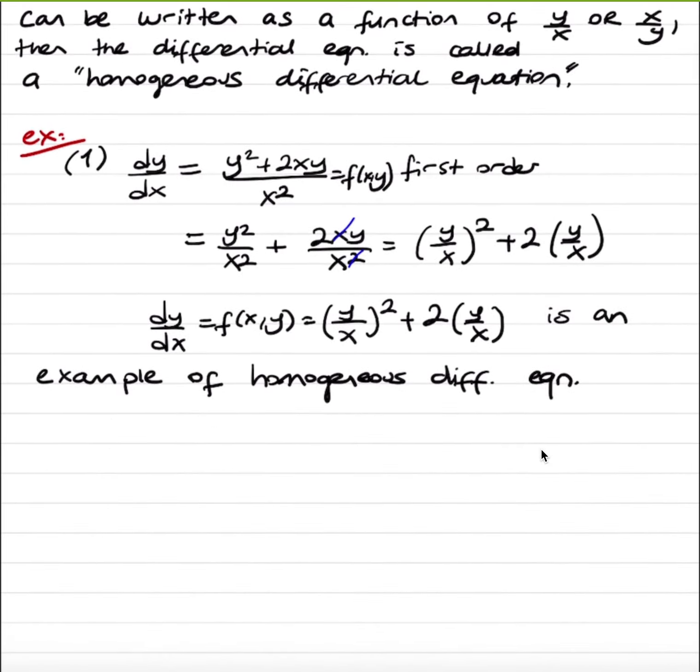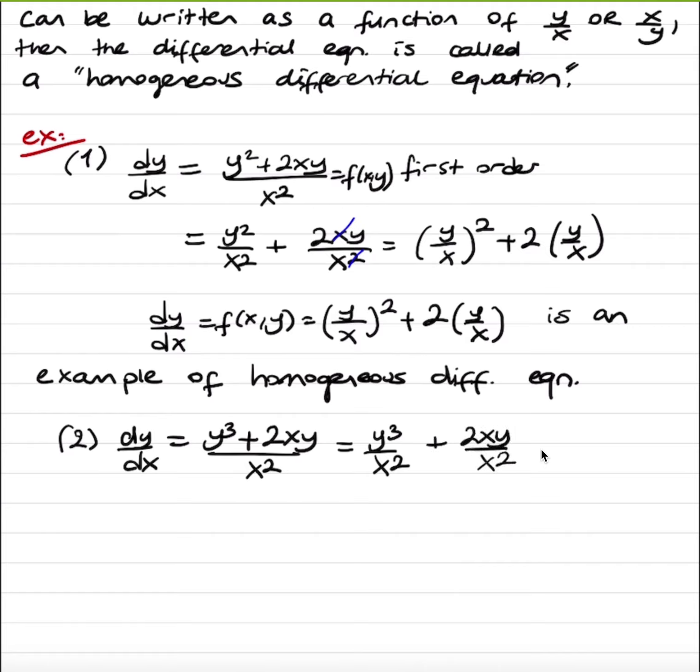Great. We will learn in a second how to solve this type of differential equations, but let me give more examples. For example, let's say that we have dy over dx is equal to y cubed plus 2xy over x squared. If we apply the same idea and divide everywhere by x squared, we have y cubed over x squared plus 2xy over x squared.